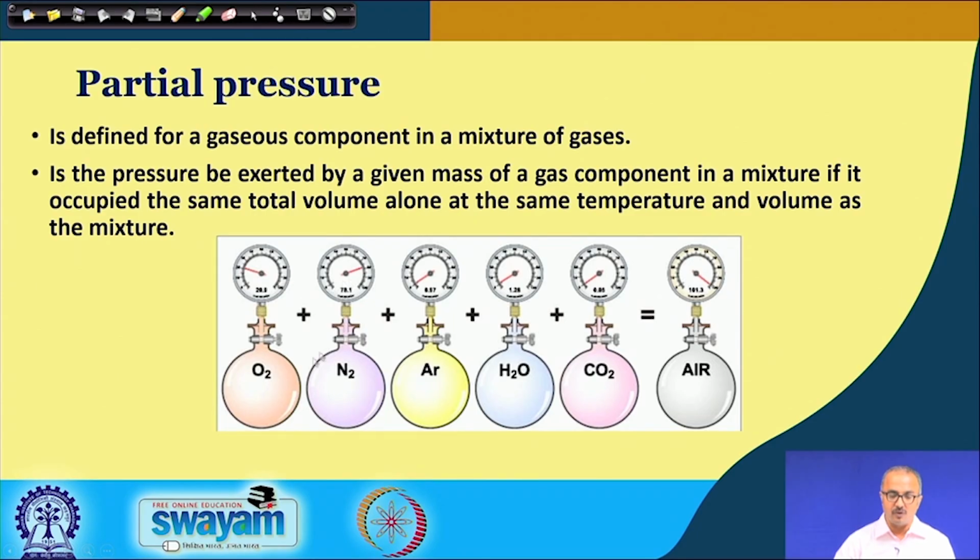Now, when we put all these components in another vessel, which we can say is air, but the volume remains constant, so does the temperature, we find it gives a pressure which is more than each of the individual pressures. This total pressure can be obtained by just adding all these individual pressures. So, individually each of these components is exerting its partial pressure in the same volume and at the same temperature.